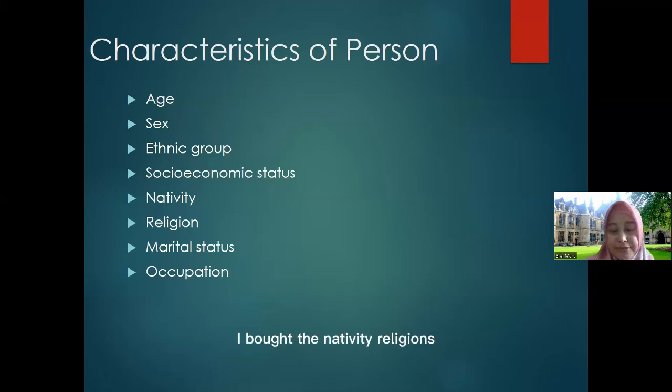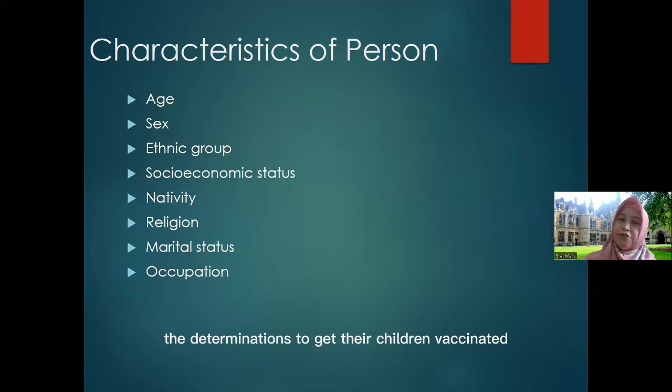And about nativity and religions, for example, some religions may tend not to vaccinate their children because of religious belief, and that will influence the decision to get their children vaccinated.